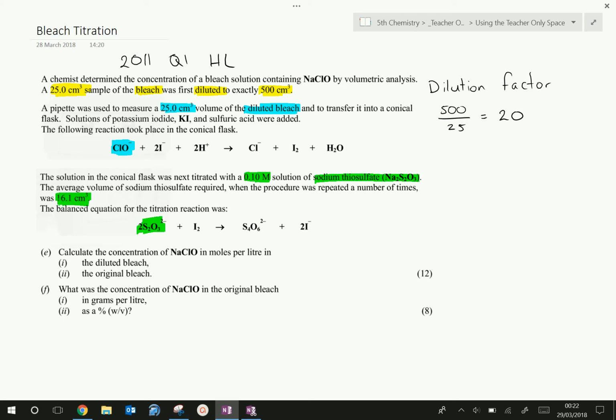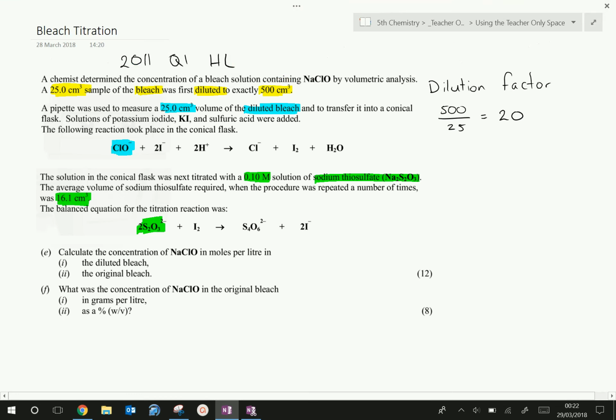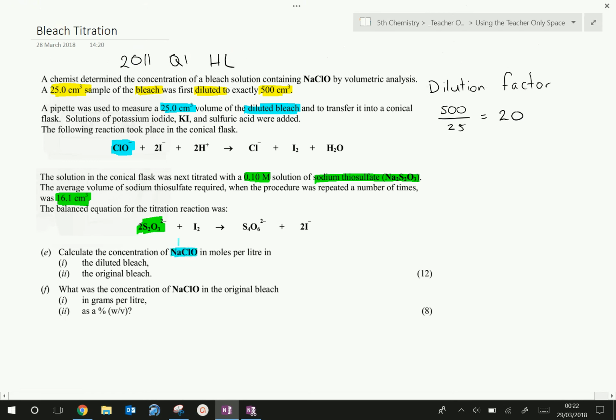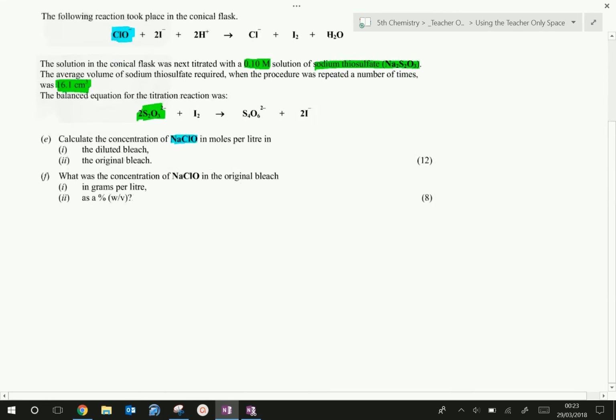So we can see that we're asked to find the concentration of the sodium hypochlorite in moles per litre, but we don't have an equation that has sodium hypochlorite and my thiosulfate in it at once. So I'm just going to need to link up the ratios to begin with.